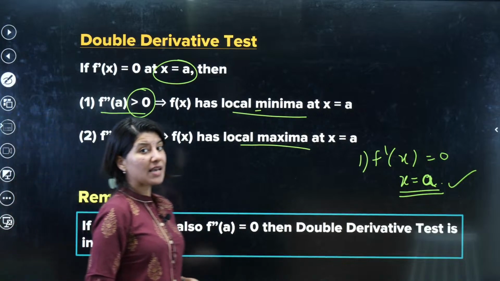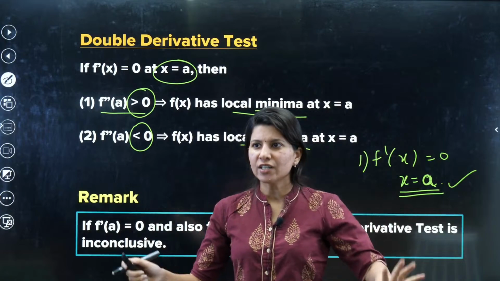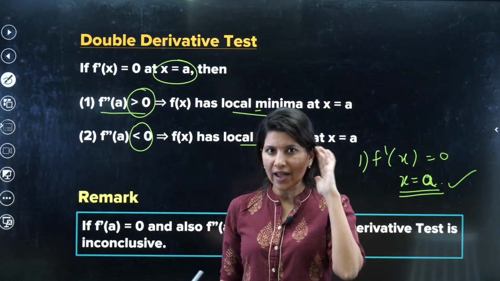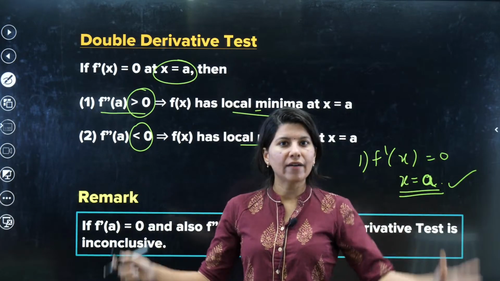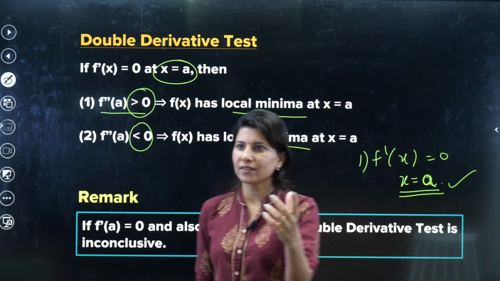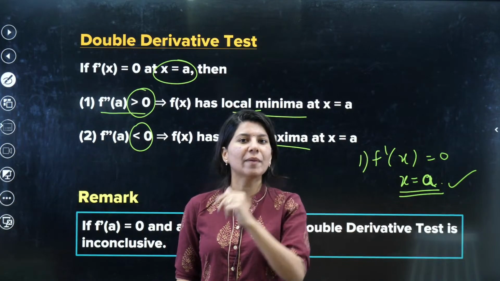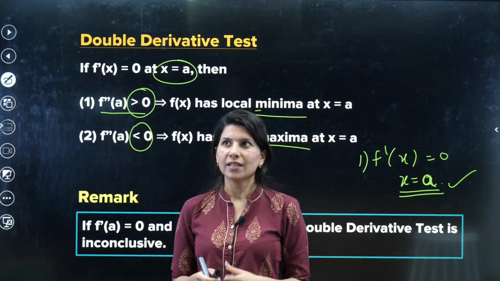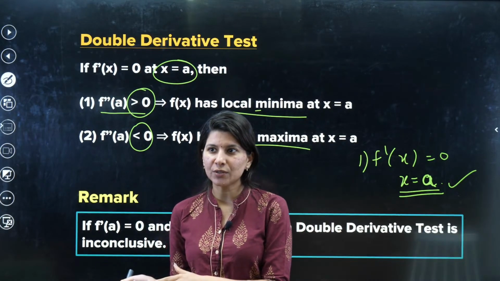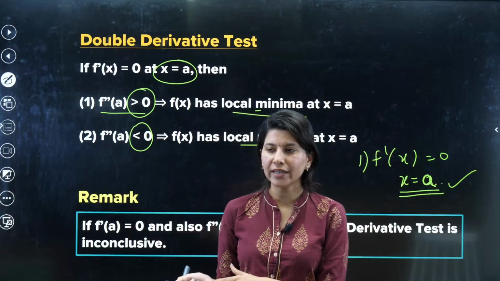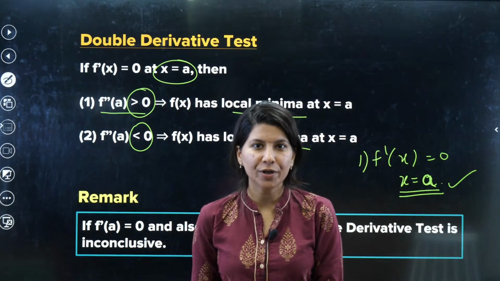Okay, so sometimes what you can say is, okay ma'am, I have understood. Let me just repeat what I have understood. You are saying that I have got a question to calculate the point of maxima and minima. I saw the question, I differentiated it, equated it equal to 0 and got the critical points.